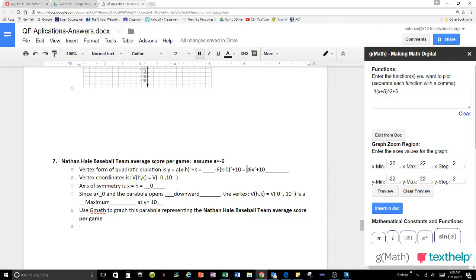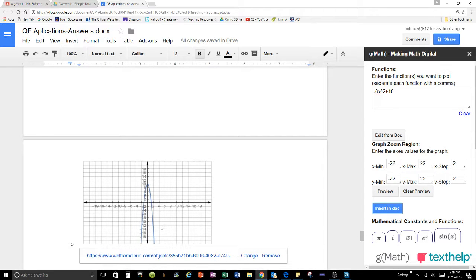We can take this here, copy, put it up here, paste, and we just have to get in between that x and that 2 and put a shift 6. Make sure our cursor's here, and let's graph it. Voila!